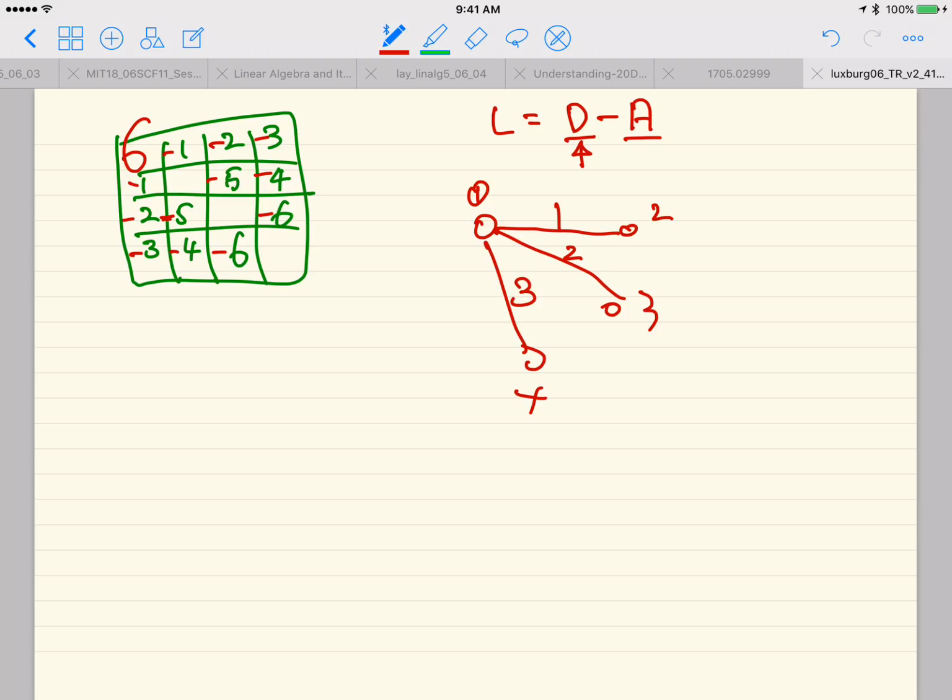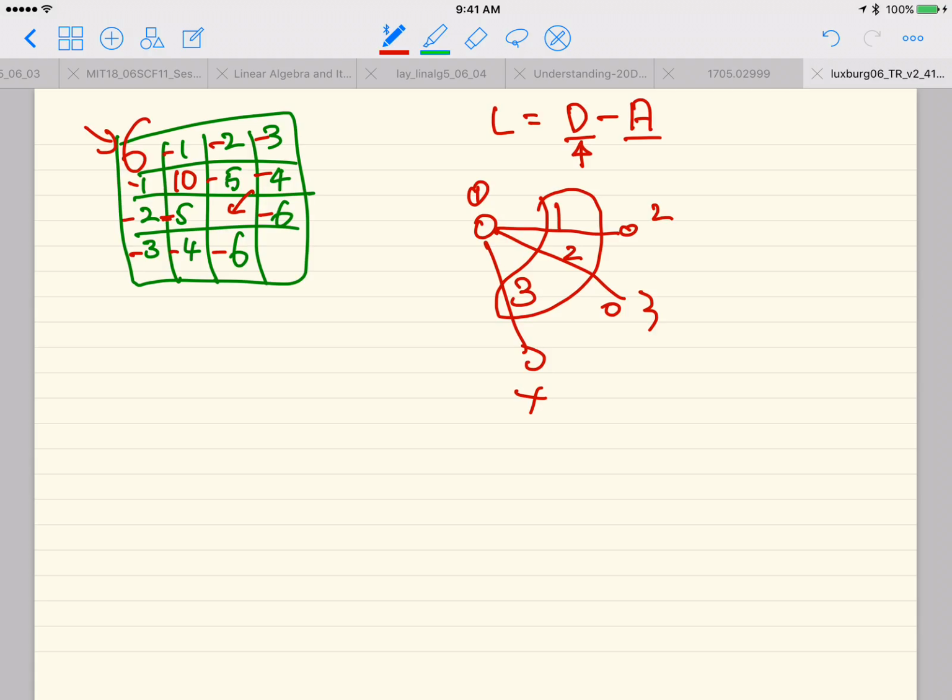And then what was the degree? The definition of the degree, or in general, the degree matrix: in the diagonal, we sum up all the edge weights, and that becomes the degree of the first node. And what about the second node? It should be 10.